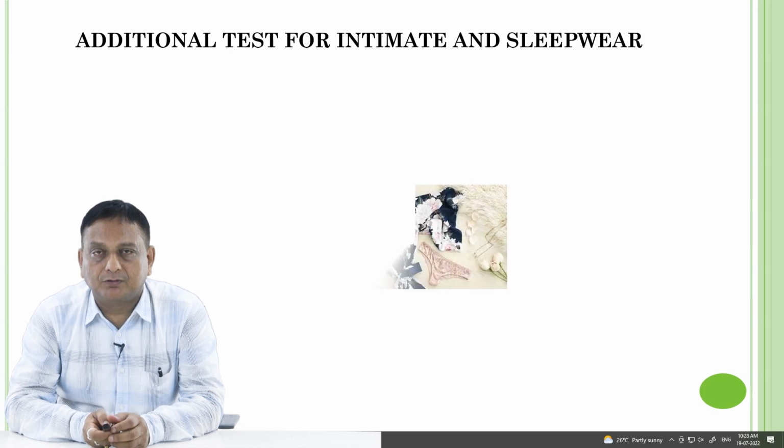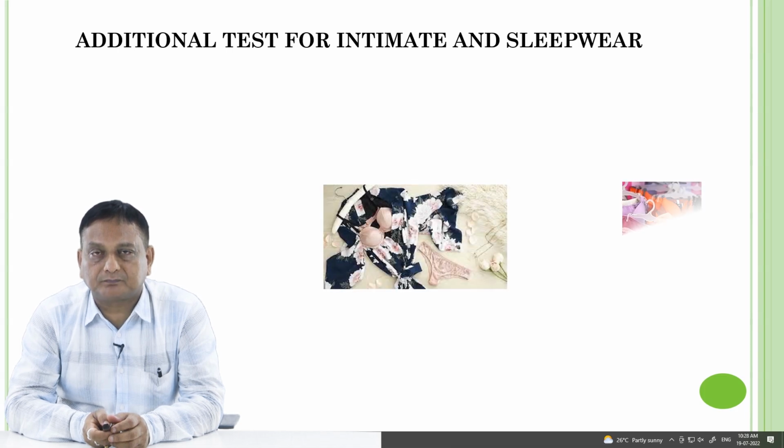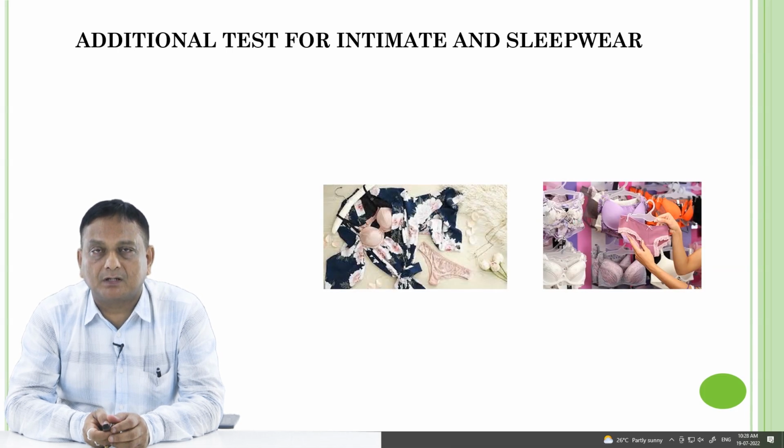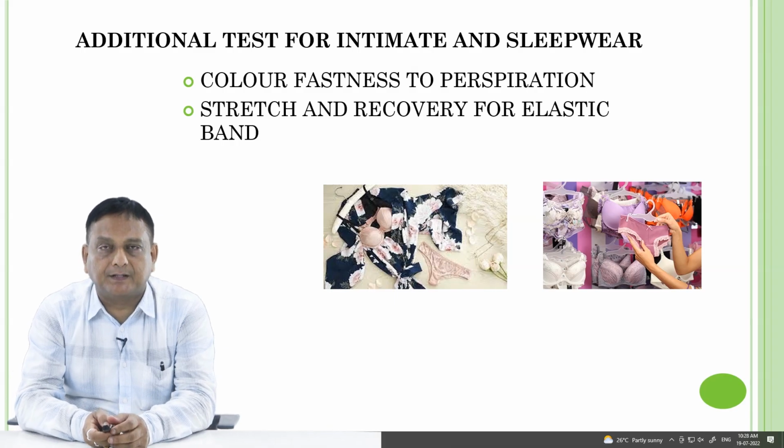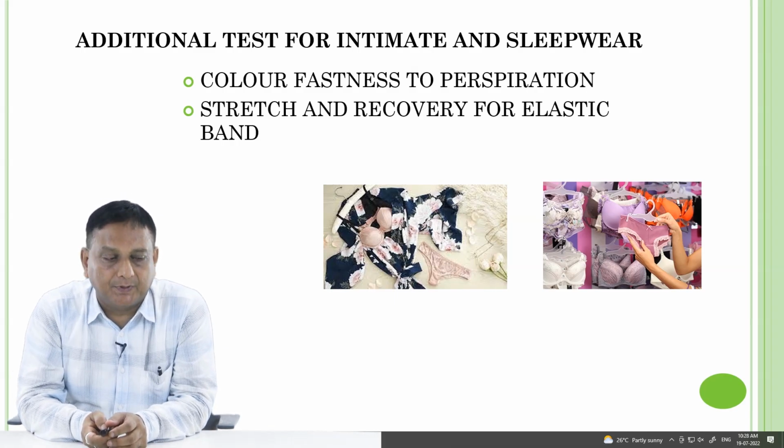Now other tests which are also incorporated, for some of the lingerie which is available and widely used, their colorfastness to perspiration is very important. Then stretch and recovery for the elastic band is also important. So those tests are the mandatory tests for this kind of garment.